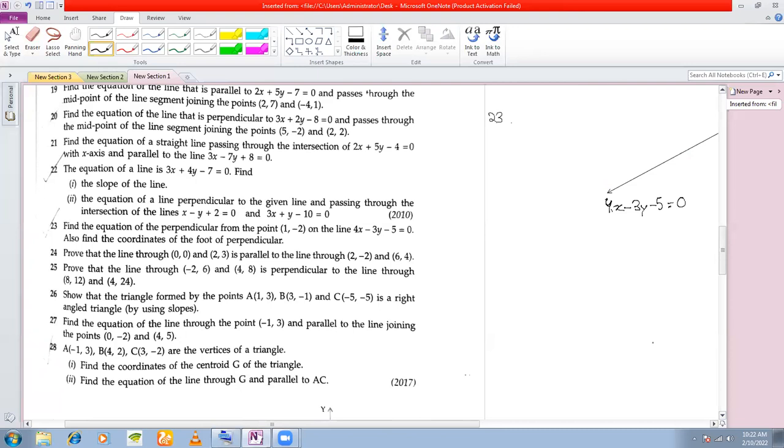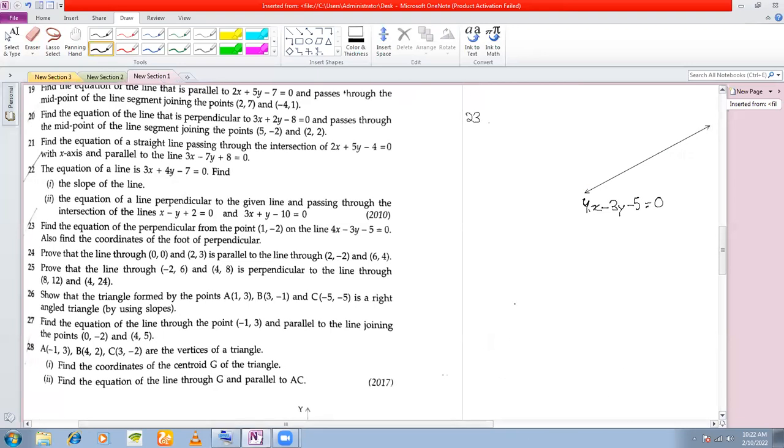So if I am to draw a perpendicular to this line from a point P, whose coordinates are given to you as 1, minus 2, you need to find the equation of this perpendicular line.